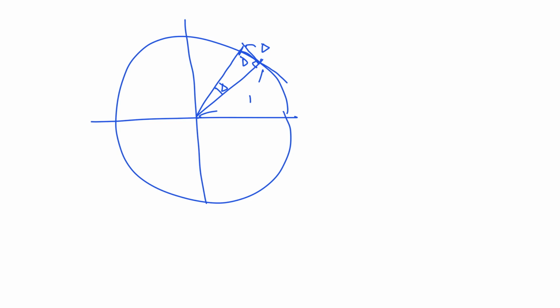If delta is small enough, the length of the tangent will be the same as delta. Then this length will be square root of 1 plus delta square, right?